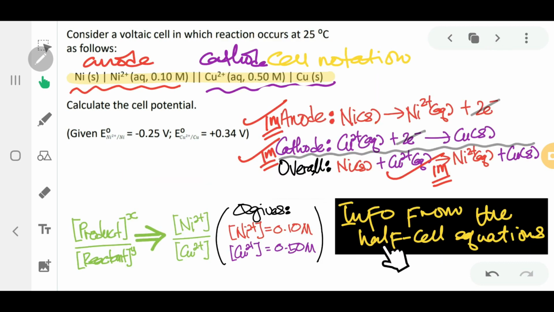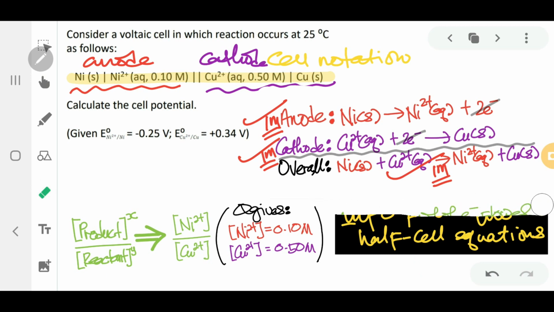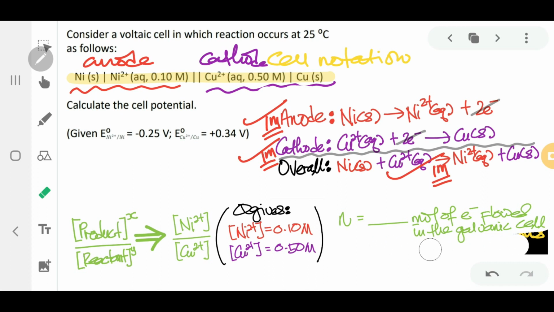What about the information from the half cell equations? The information that we can get from the half cell equation is how many electrons will be flowing inside the galvanic cell. When you look here, 2 moles of electrons are going to be lost from the anode. Remember, the electrons flow from anode to cathode.